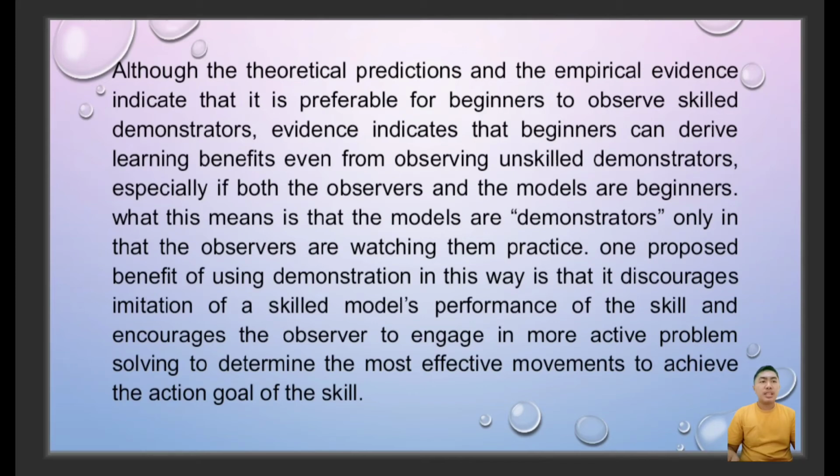What this means is that the models are demonstrators only in that observers are watching them practice. One proposed benefit of using demonstration in this way is that it discourages imitation of skilled models' performance of the skill and encourages the observer to engage in more active problem solving to determine the most effective movement to achieve the action goal of the skill.